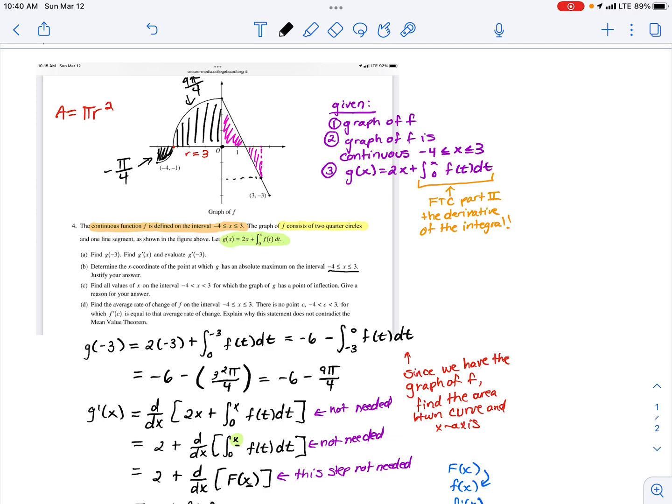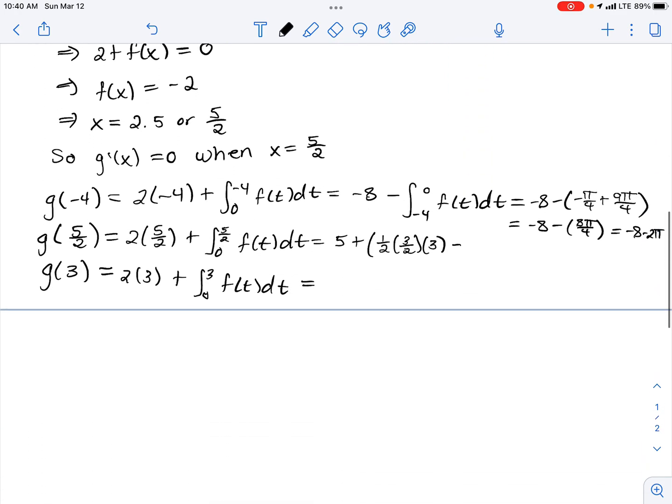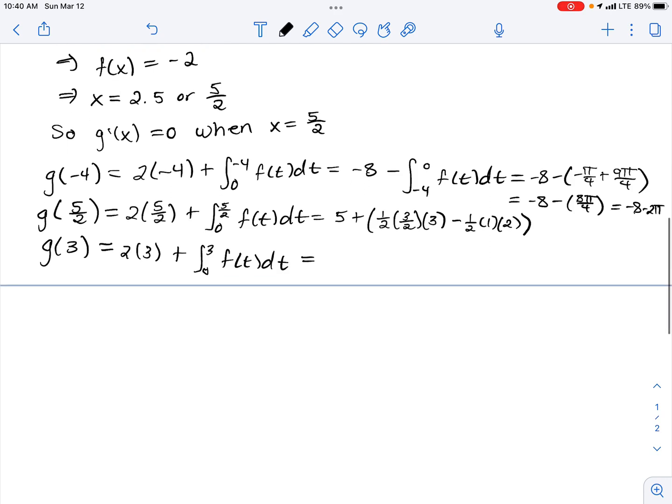So it looks like the base of it is 1. And then the height here is 2. So this is times 1/2 times 1 times 2. And when I simplify this, I get 5 plus 9 over 4 minus 1.